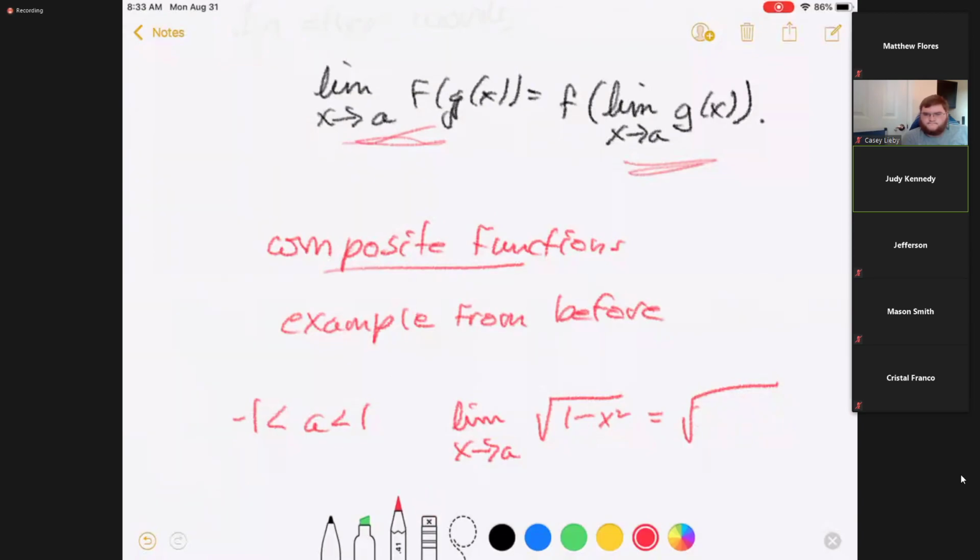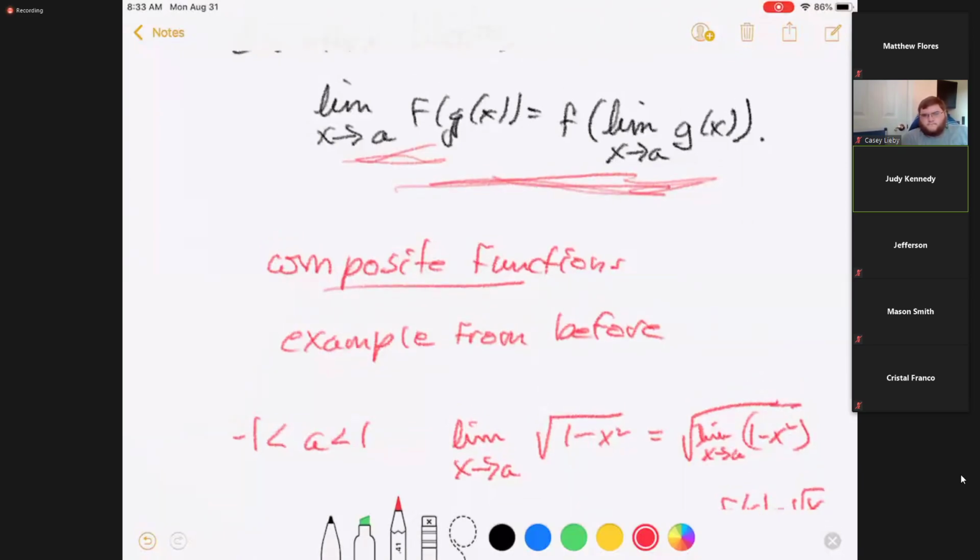The limit as x approaches a of 1 minus x squared. Here the function is the square root of x, so f of x would be the square root of x. But this theorem allows you to take the limit from outside the square root to inside the square root.